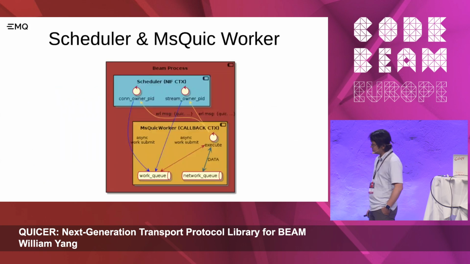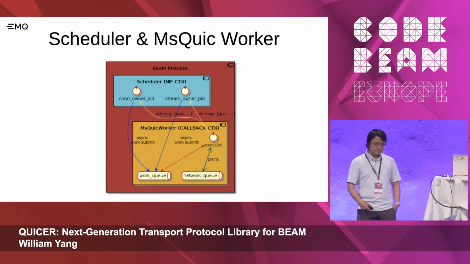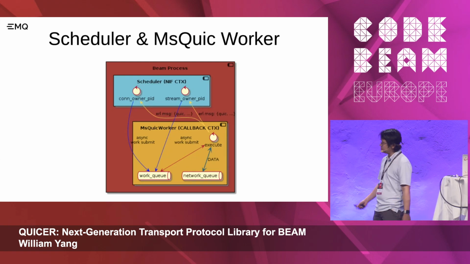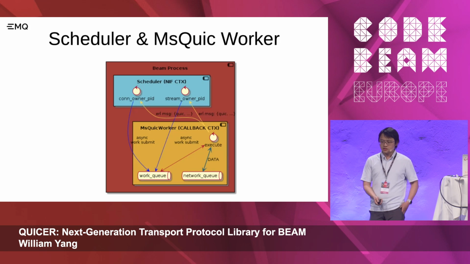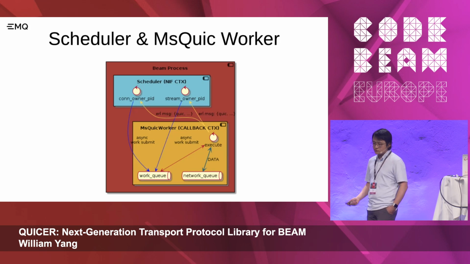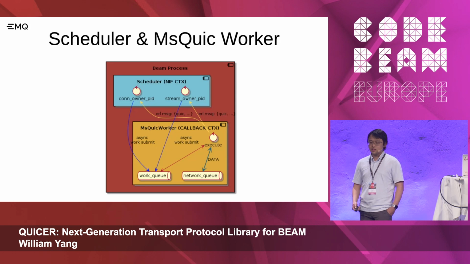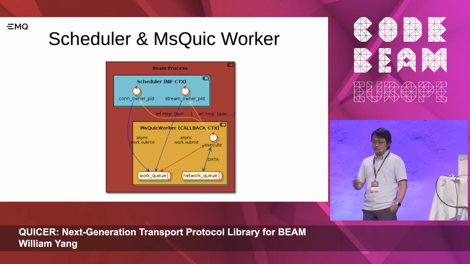Okay, so then let's talk about how MsQuic interworks with Erlang. We have three boxes here. The outer one, the red one, is the Linux BEAM process. Inside we focus on two threads. The blue one is the scheduler thread, and the yellow one is the MsQuic worker, a thread owned by Microsoft's MsQuic.